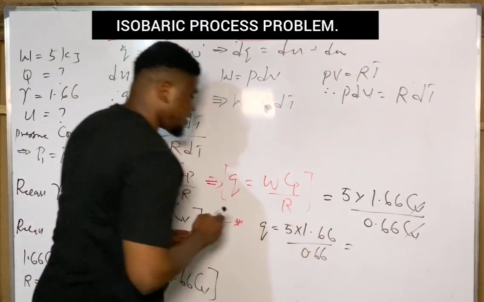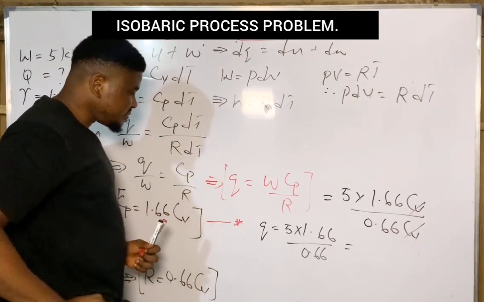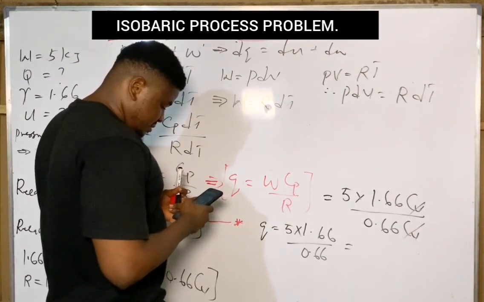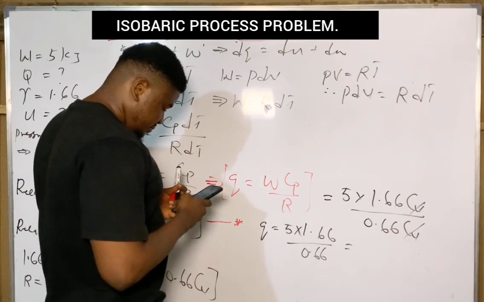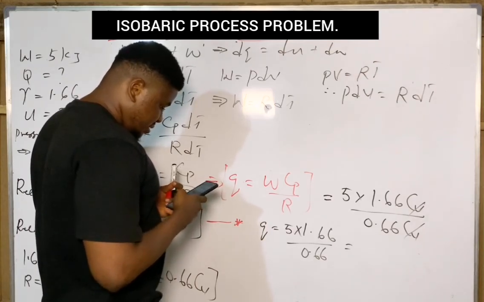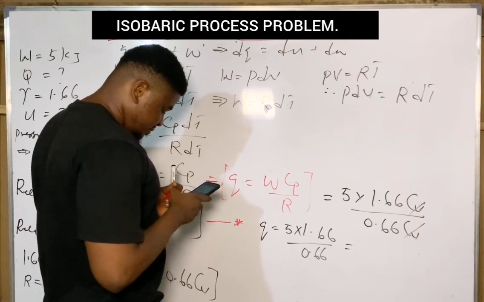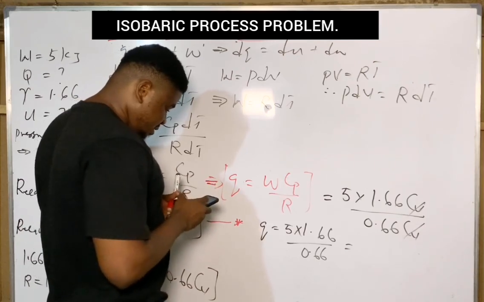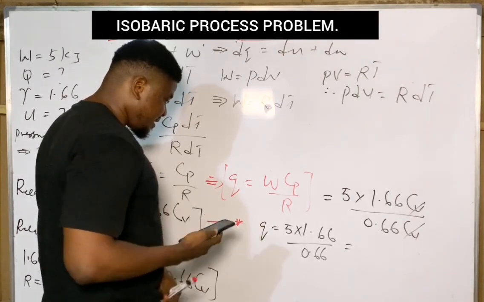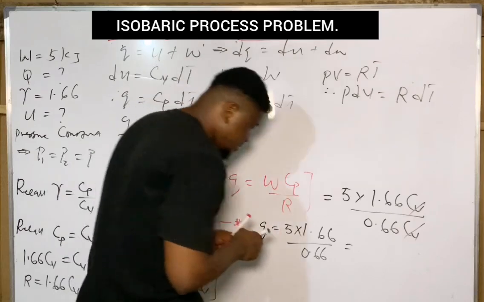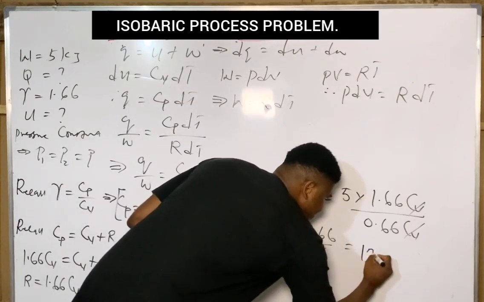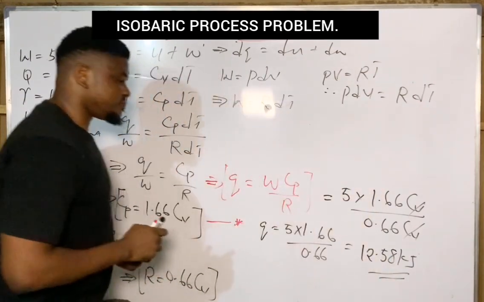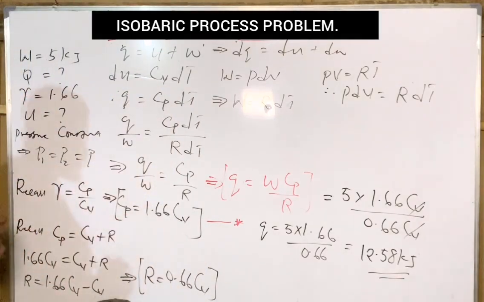So let's see what this value gives us. 5 multiplied by 1.66 divided by 0.66 gives approximately 12.58 kilojoules. So the heat transmitted is 12.58 kilojoules. It's as simple as this.